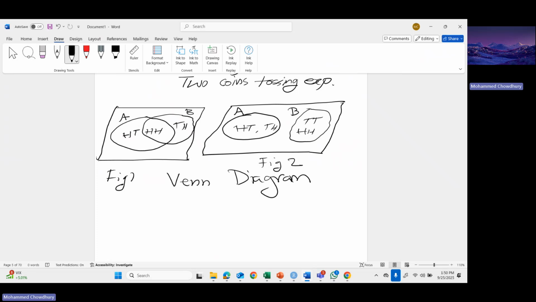In the two coin tossing experiment, I draw two Venn diagrams known as figure 1 and figure 2, with two events A and B in each of the two different figures.